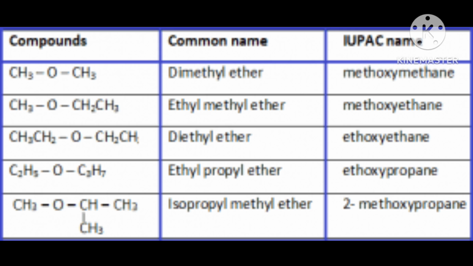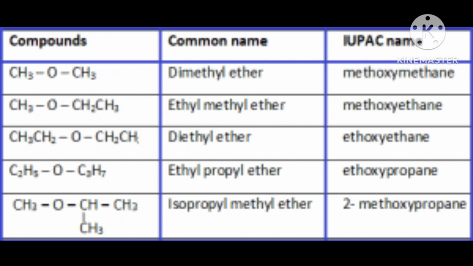Suppose OR is attached with R. Then R is alkyl, don't forget. As for example, CH3OCH3 is dimethyl ether, the common name. And what is the IUPAC name? Now it becomes methoxy.